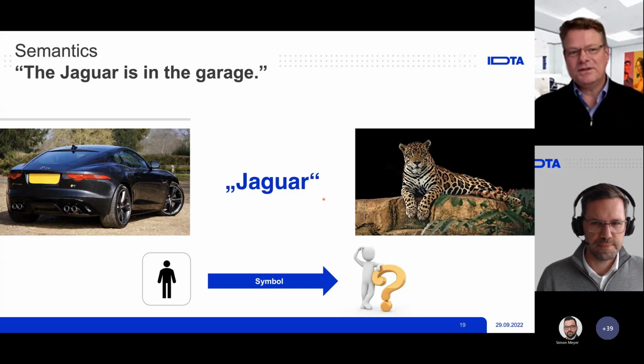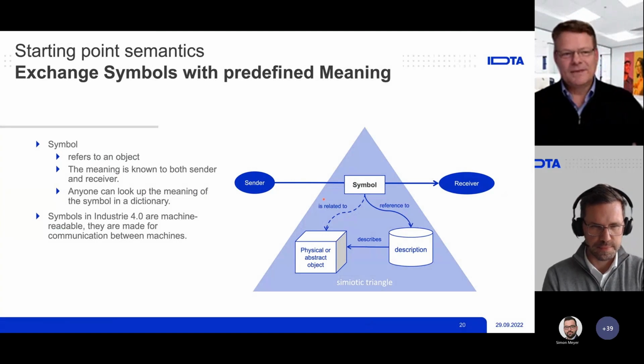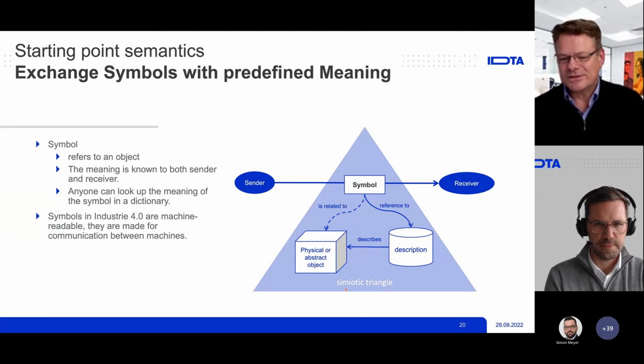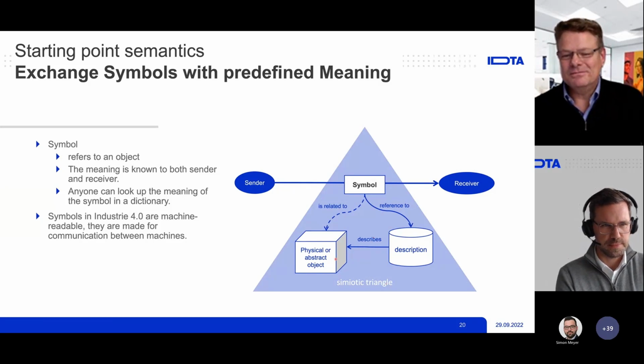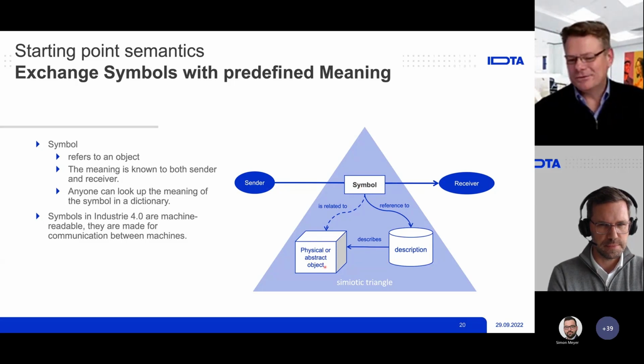How do we avoid this ambiguity? There is a well-known method, the so-called semiotic triangle, where you describe communication between a sender and a receiver, and they are using symbols like the symbol Jaguar. And the symbol is related to a physical or abstract object, and this is where we are now clarifying if it is a large cat or a nice car.